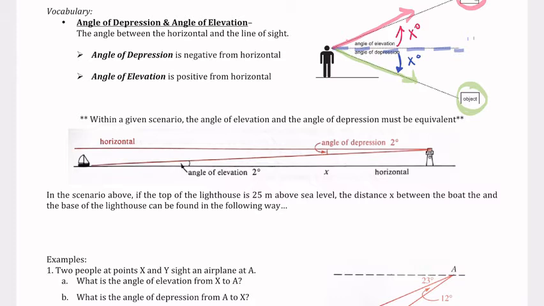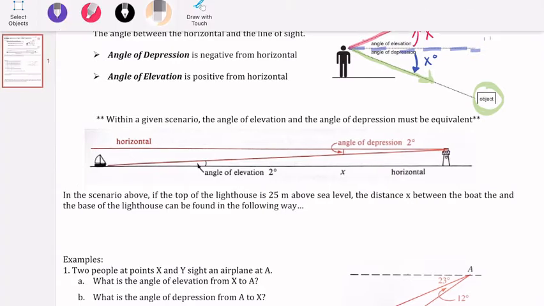They actually create alternate interior angles because you have two horizontal lines of sight. So if someone's up on something high, maybe they have a horizontal line of sight. Someone down below would also have a horizontal line of sight. And when they adjust to either look down or look up, their new lines of sight meet and form a transversal.